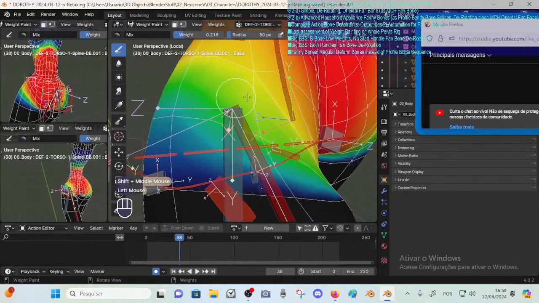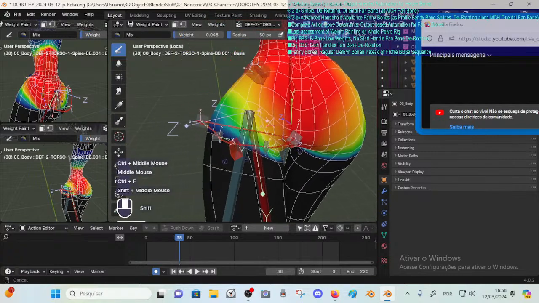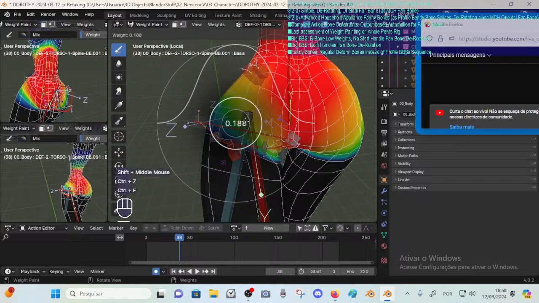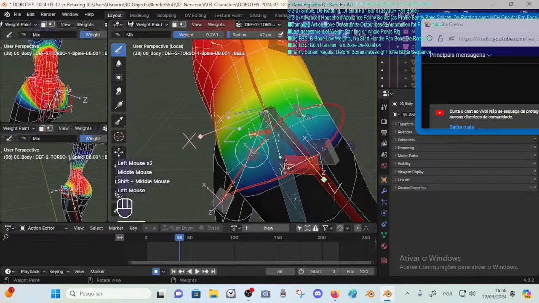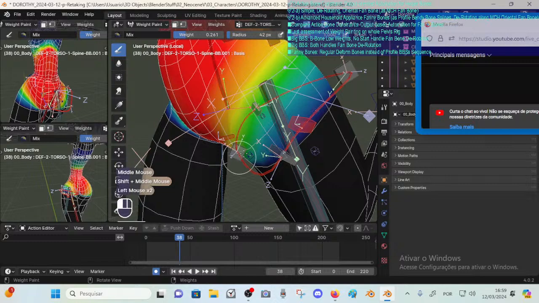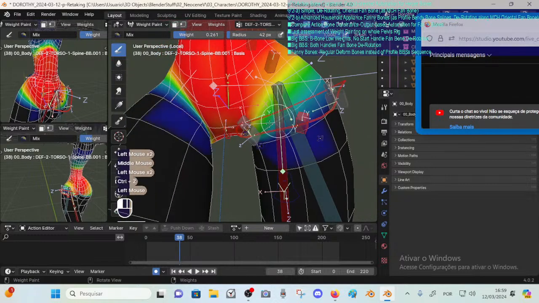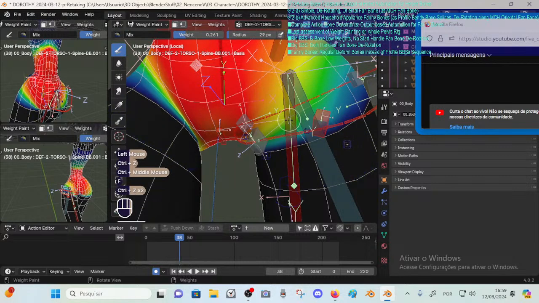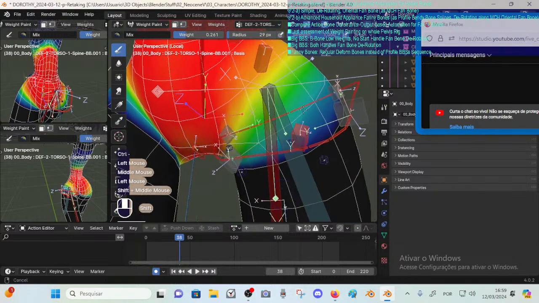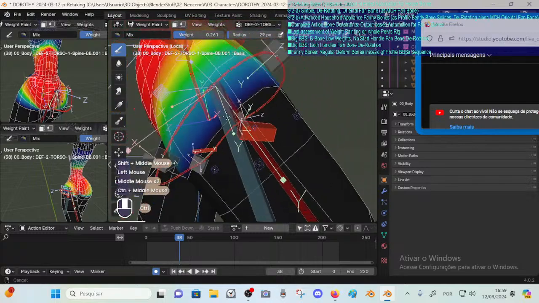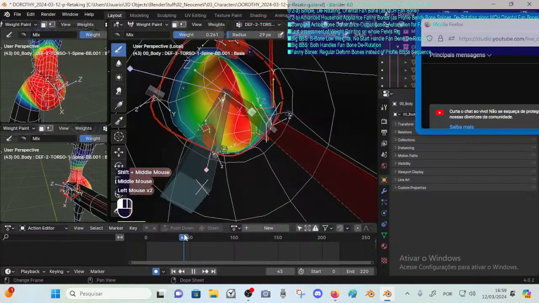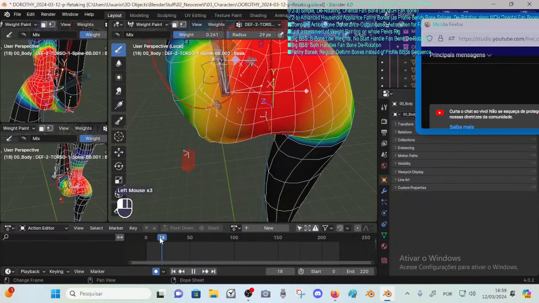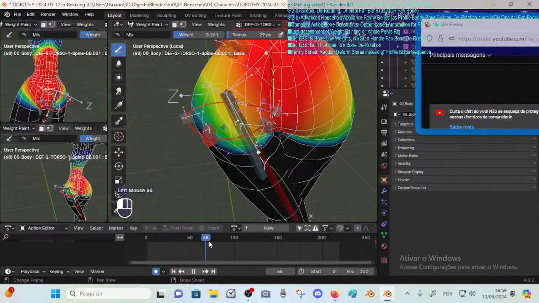Let's make some more space here. All right. Yeah, side bending will help.